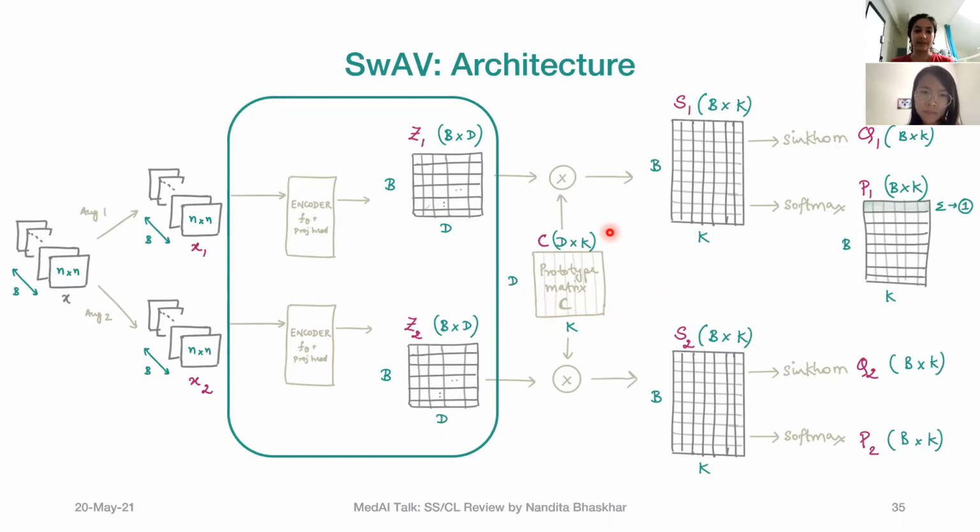From the mathematical point of view, this is just a matrix with the correct dimensions that you can multiply with your representations. So when you multiply the representation that you get from your encoder with this prototype matrix, you actually get a score which has k different classes.